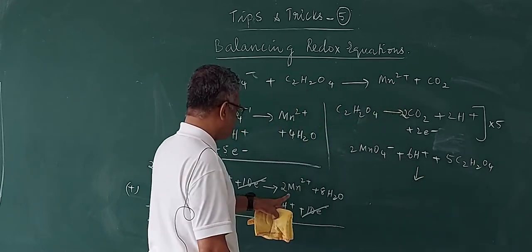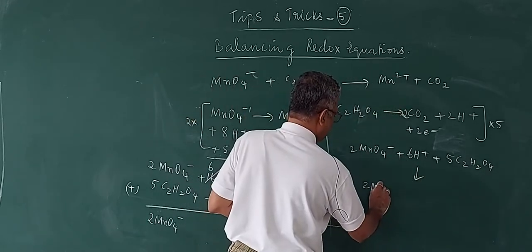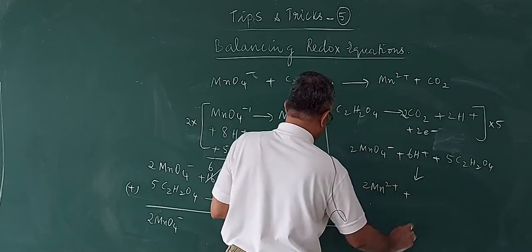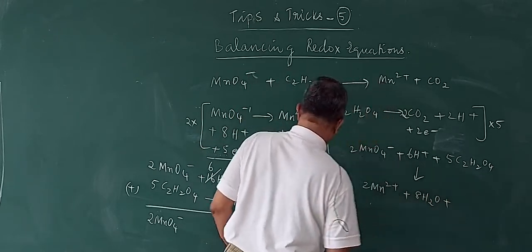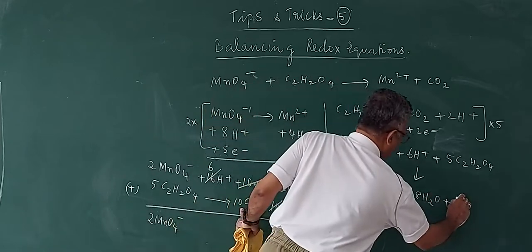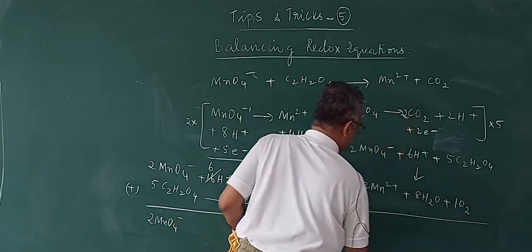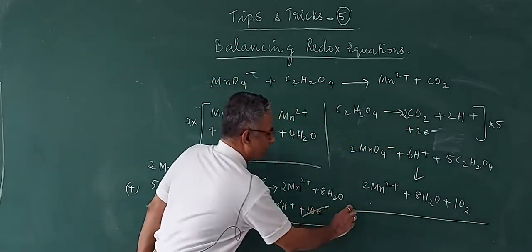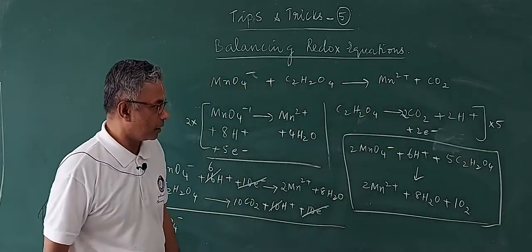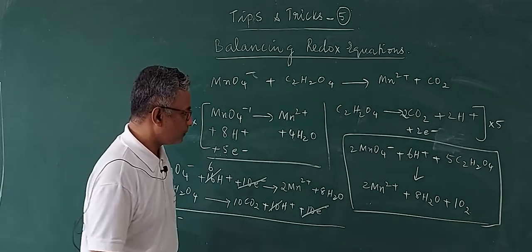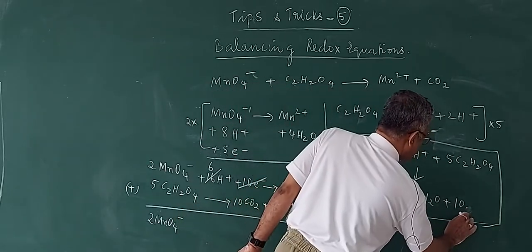This gives you 2Mn2 plus plus 8H2O plus 10 CO2. So, this is the final balanced equation.